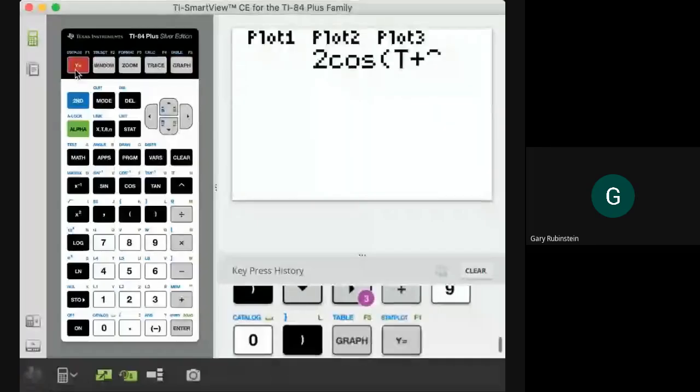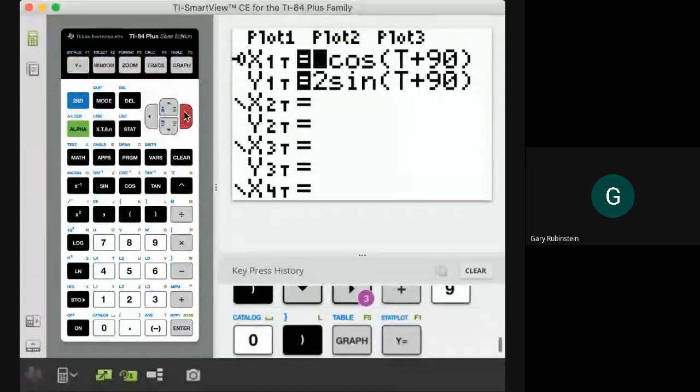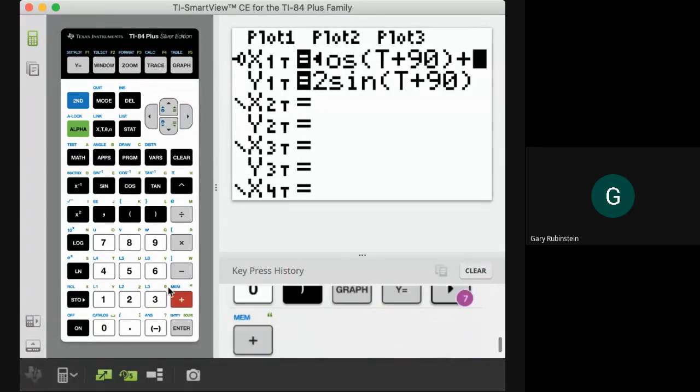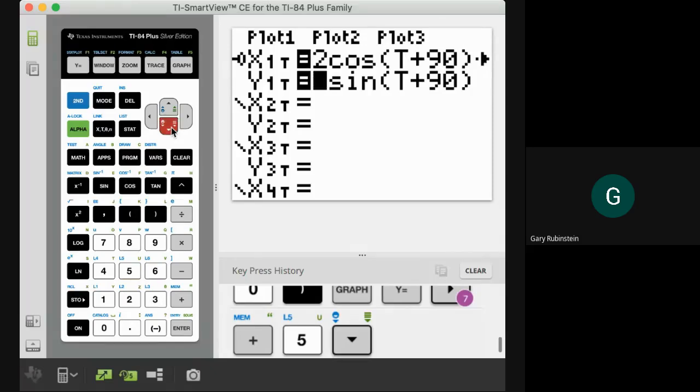Okay, here's the graphing calculator, and you can see that if I take this equation and I add on the 5, and I add on, was it 3?